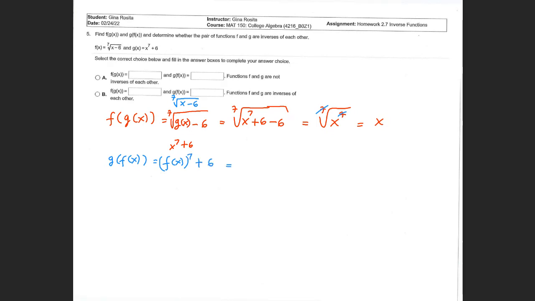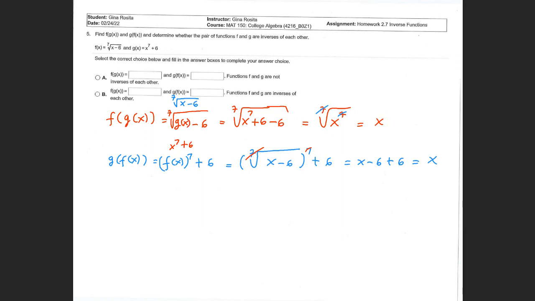Replace f of x with root 7 of x minus 6, all to the 7, plus 6. These cancel, so the answer becomes x minus 6 plus 6. Negative 6 plus 6 is 0, so the answer becomes x.